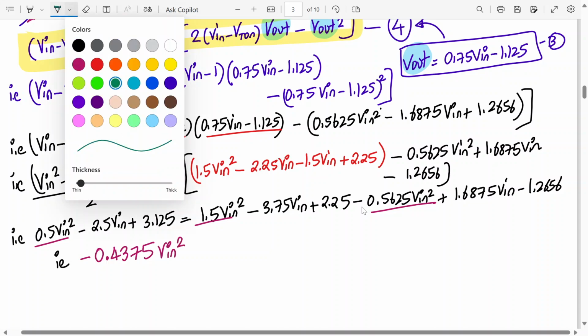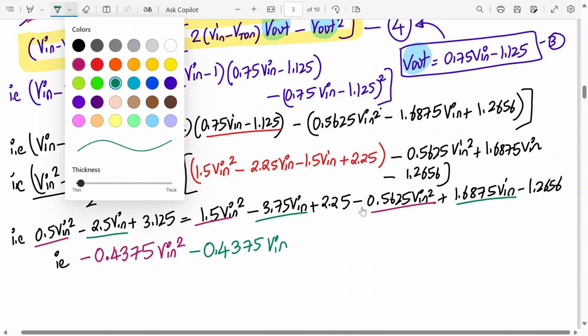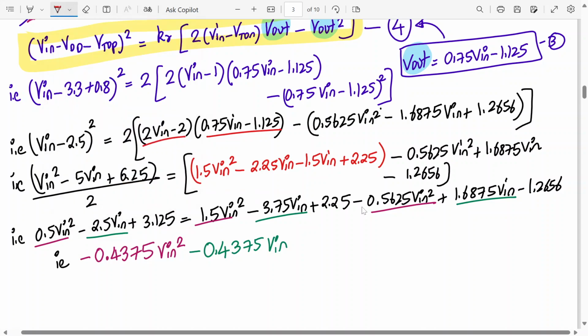Now we club all the terms of V in together. So minus 2.5 minus 3.75 and plus 1.6875. So minus 2.5, then this plus 3.75, we take it over here, and this will be minus 1.6875. Here again we are getting minus 0.4375 times V in, and now we add the constant terms together.